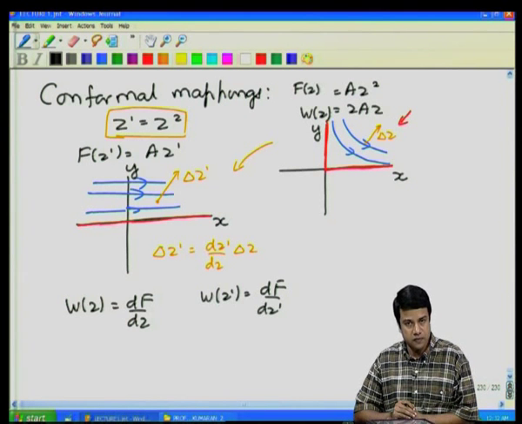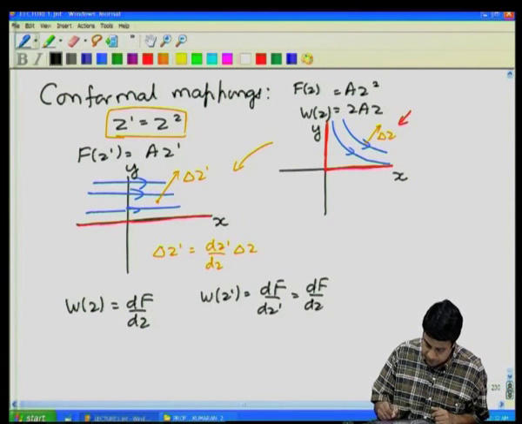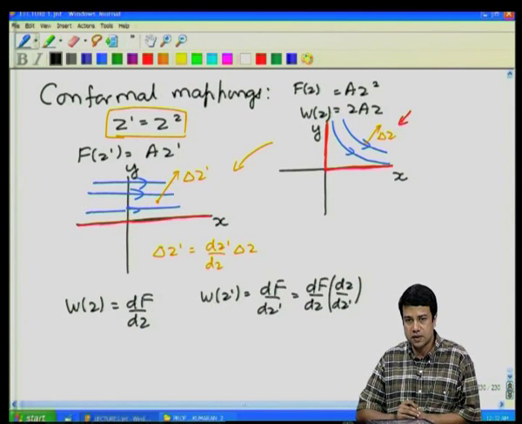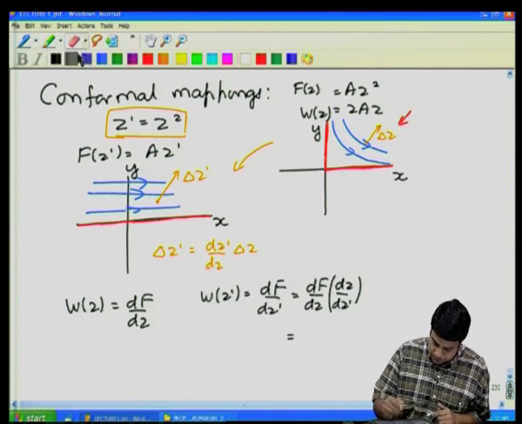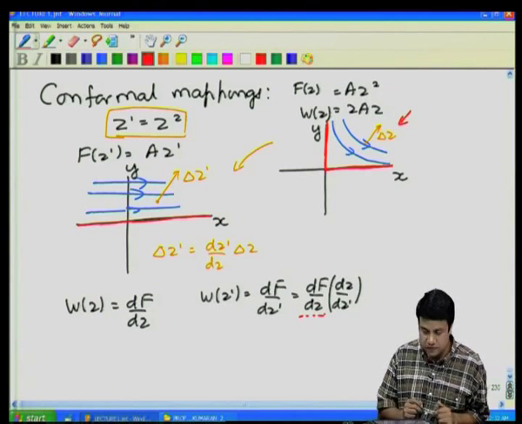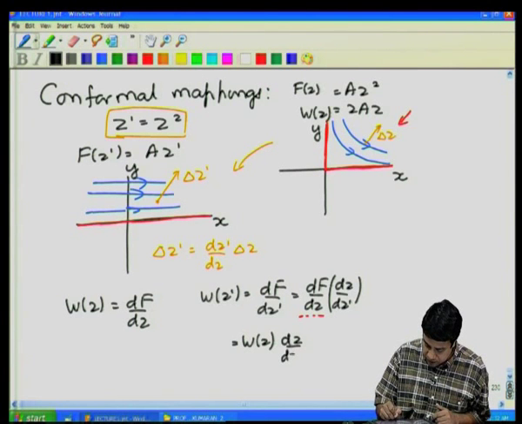I can use the chain rule of differentiation to write this as df by dz times dz by dz prime. This term here is of course w of z. So, this gives me basically w of z times dz by dz prime.